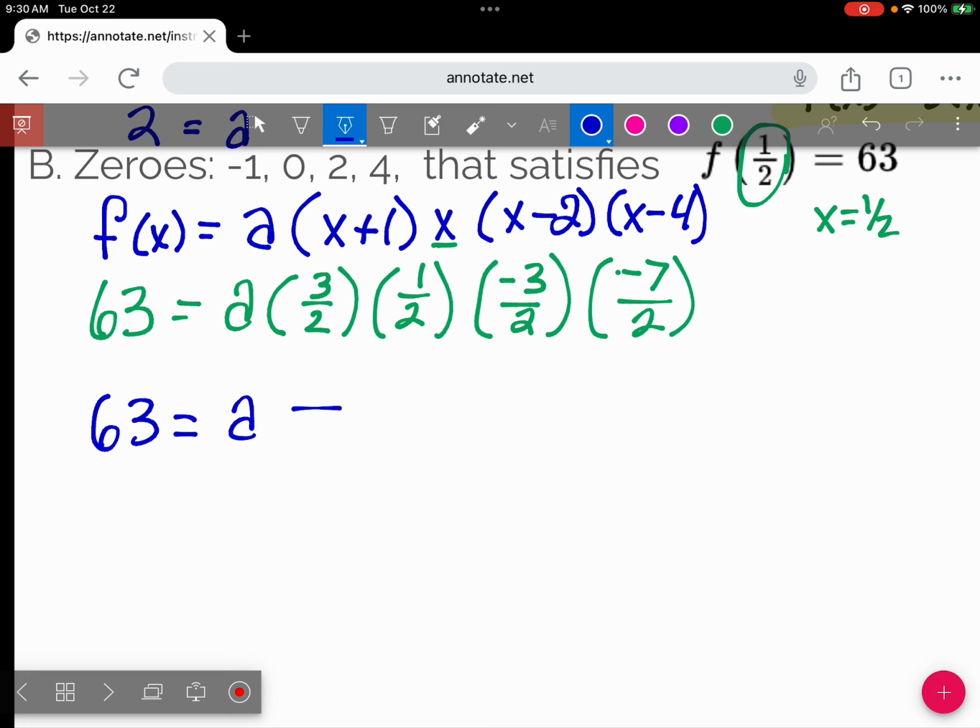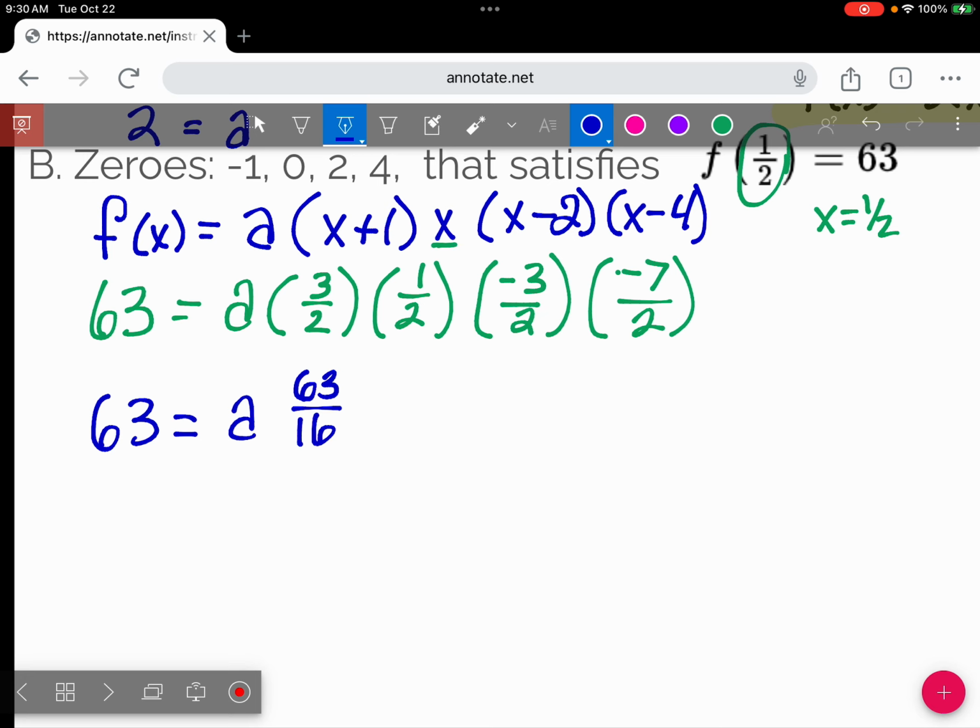So we wind up with 3 times 1 times -3 times -7, which is the same thing as -7 times -9, which is 63. 2 times 2 times 2 times 2 is 16. So what is our A going to equal? 16.